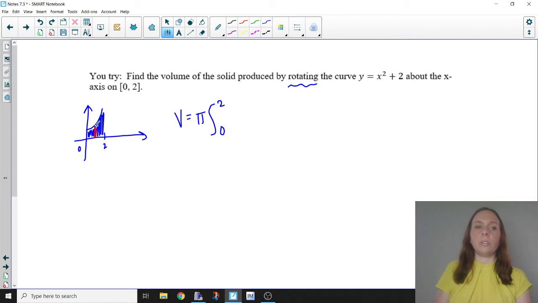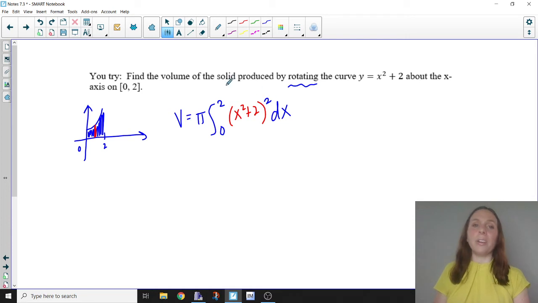We're just going straight up from the axis that we're rotating around to the curve, and that is just our function, which in this case is x squared plus 2, and it is squared, dx. Pi r squared h. Keep in mind, that's why you're squaring here. That's why there's a pi. This is the volume of a cylinder, pi r squared h, or area of a circular cross section, pi r squared, times the thickness, which is dx.